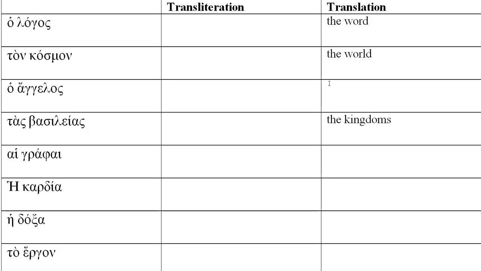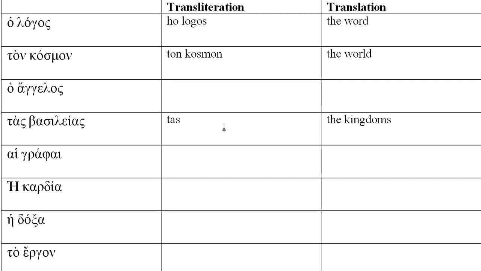I haven't filled in the transliterations here. In reality, transliterations are good to learn at the beginning, but I don't emphasize them. They're not super important after you learn how to do them. And I don't even pay much attention to them after a while. So this would be ha logos. This would be ton kosmon.